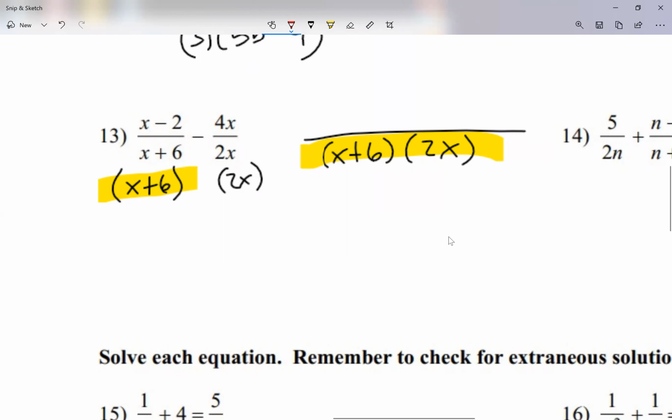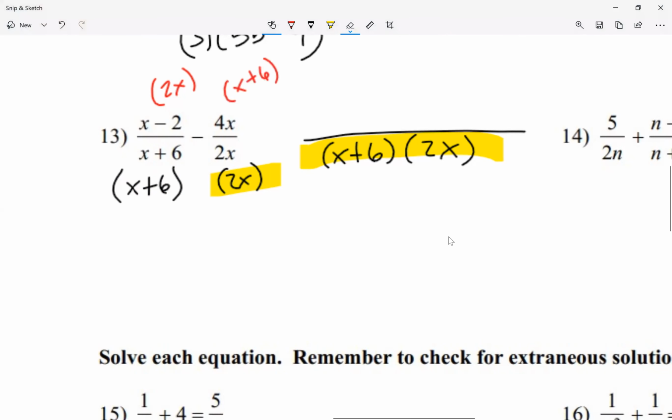And you guys will see it's a 2x. Okay. Then I look at the second fraction. Let me look at the denominator of that. And again, what does my common denominator have that my second fraction does not? And then it will be an x plus 6.